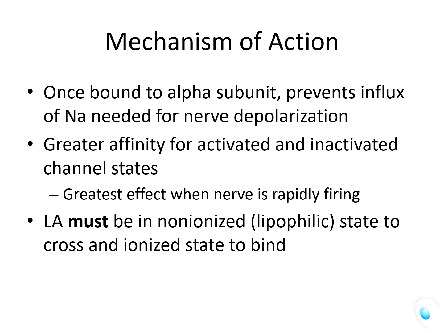Thus, if you don't have the influx, you never get the depolarization, you never get an action potential to propagate. Local anesthetics have also shown a greater affinity for activated and inactivated channel states. So therefore, the greatest effect that a local anesthetic can have is when the nerve is rapidly firing.